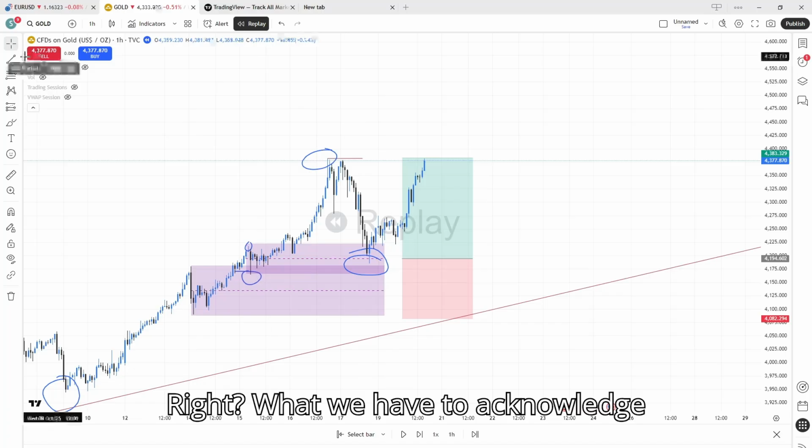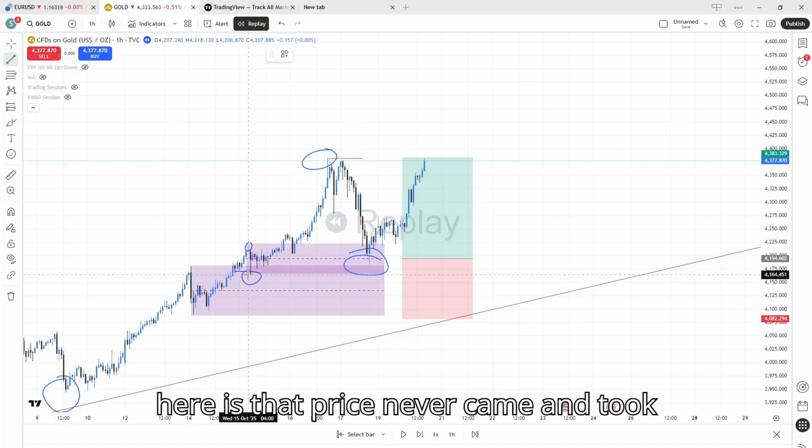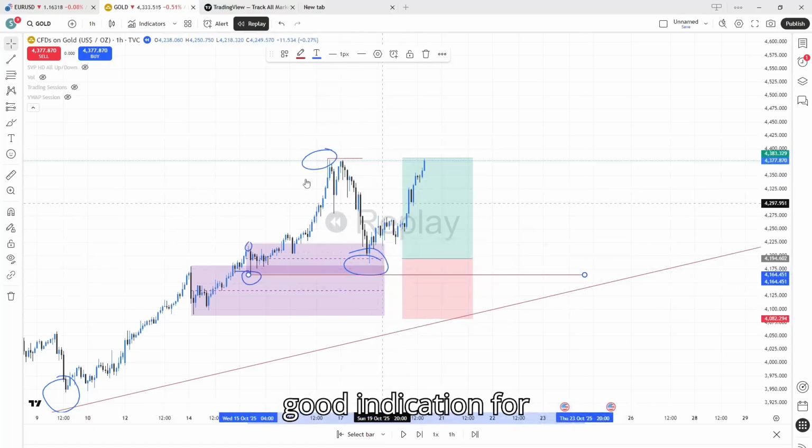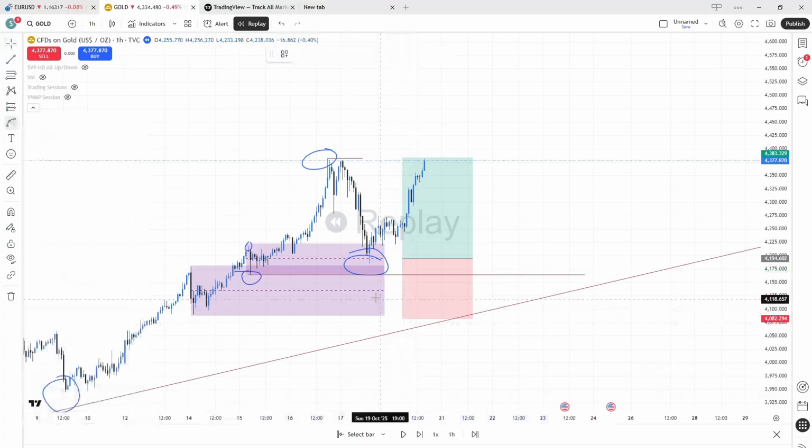right? What we have to acknowledge here is that price never came and took this structure out, meaning that's a very good indication for that bullish move, right?